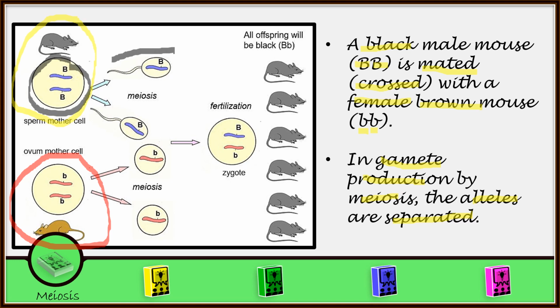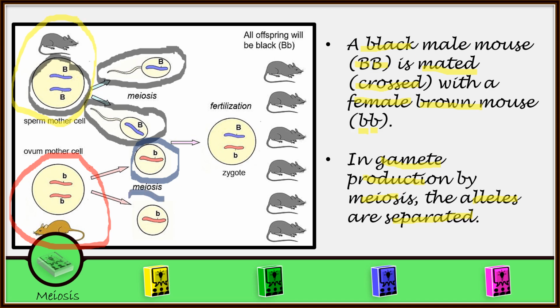One gamete is going to have allele capital B, and another gamete will also have allele capital B. Then down, we are going to produce a gamete with recessive small b, and another gamete with allele small b.